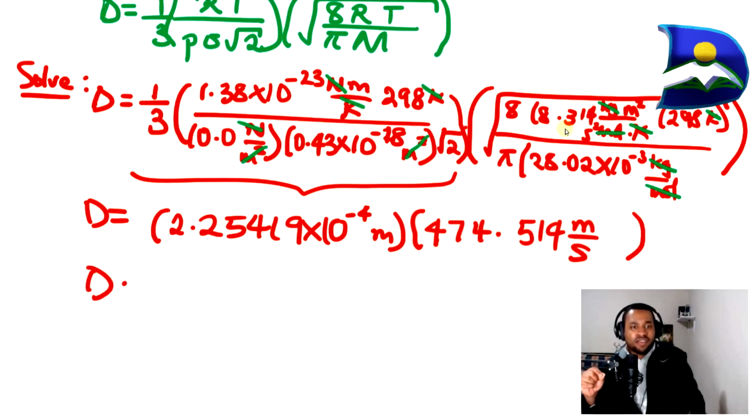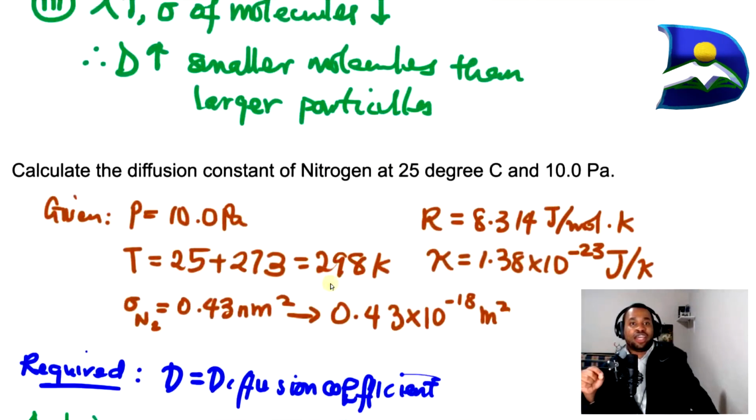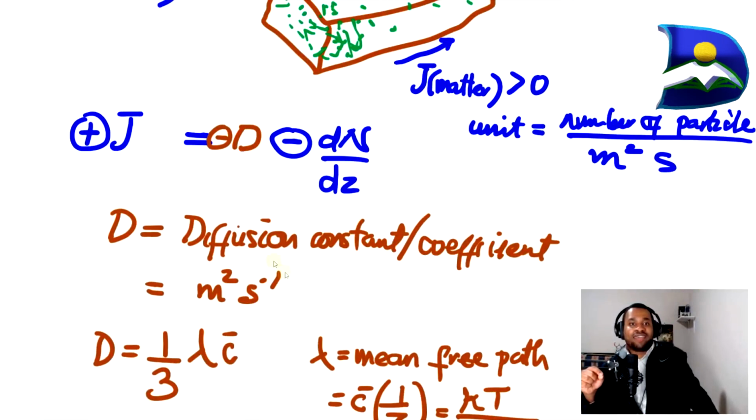Therefore, our specific diffusion coefficient is finally going to be our value. Once you multiply the constants, we have 0.10696. In terms of the unit, meter times meter gives us our meter squared, and this will be over our seconds, which is actually matching our specific unit that was expressed in the previous video right over here.